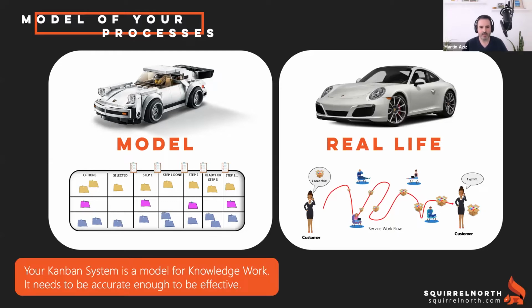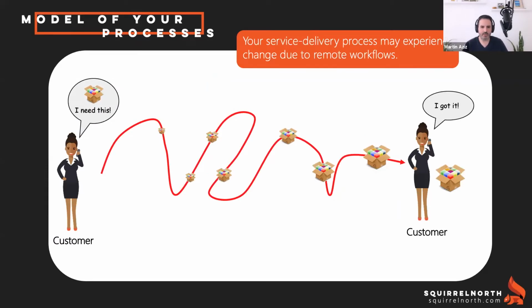So the thing we need to realize is that, given that our process may go through some change, we need to accept that reality and inspect the model to make sure that the model itself is still intact. Imagine this was your existing process.